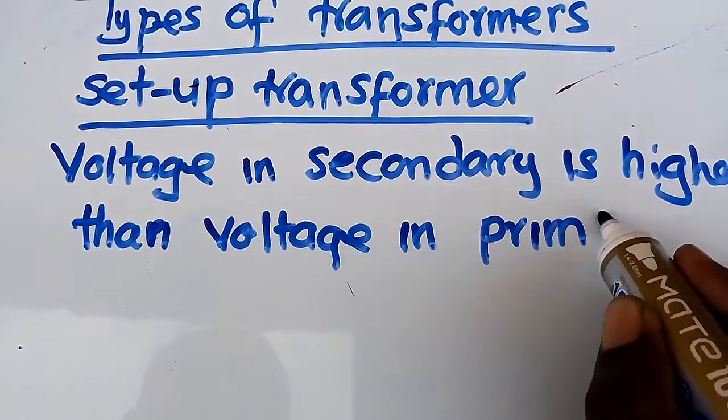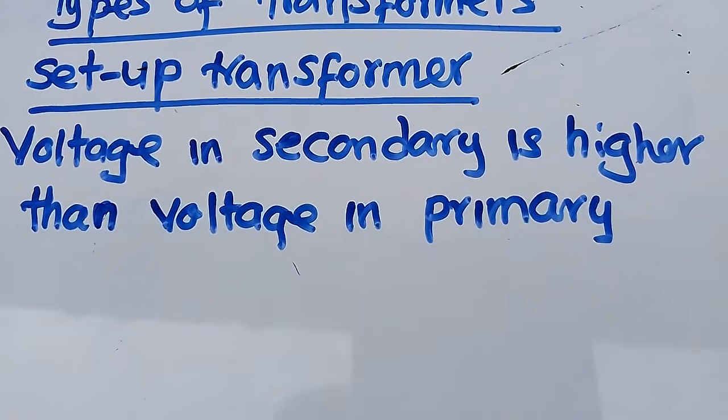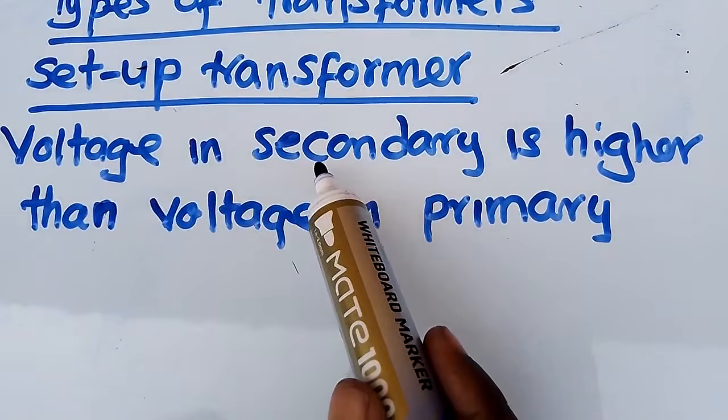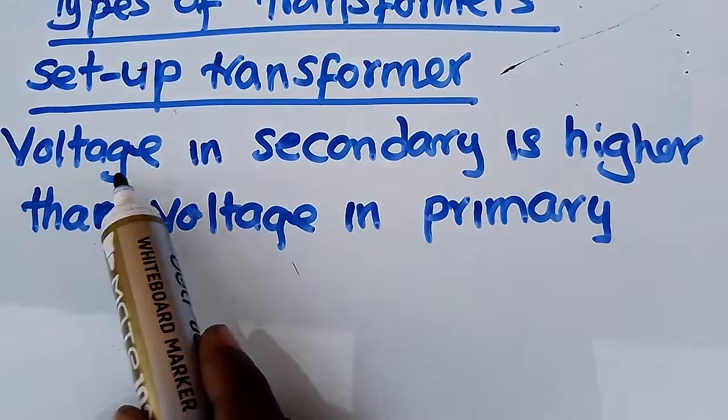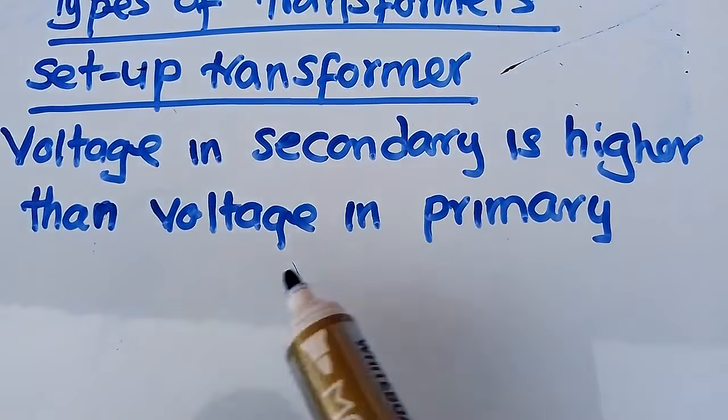This is one point you need to know and understand in terms of voltage. Each time you're talking about a step-up transformer, the voltage in secondary is higher than voltage in primary.